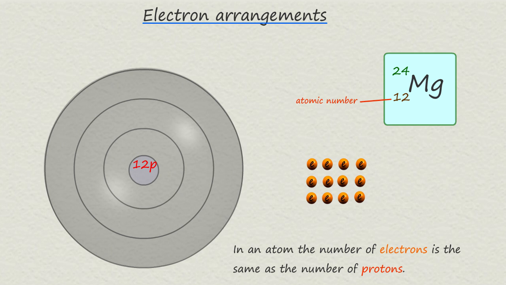So now, all we have to do is to decide where to put the 12 electrons in the electron shells. Remember that the first shell can hold a maximum of 2 electrons, and the second shell can hold up to a maximum of 8 electrons.